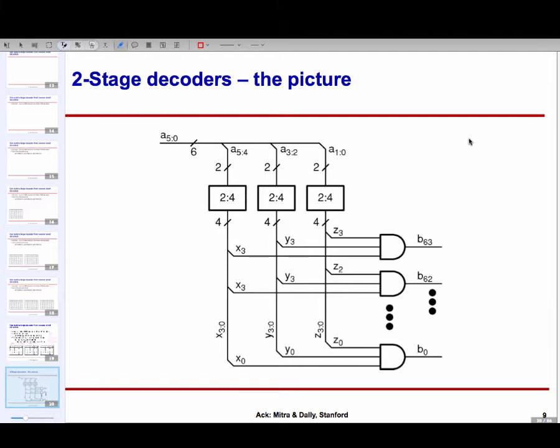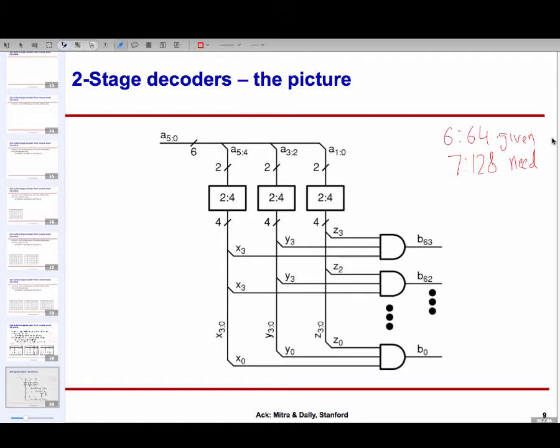The same strategy can obviously be applied for bigger things. Let's say I gave you a 6-to-64 decoder, and I want to create a 7-to-128 decoder.